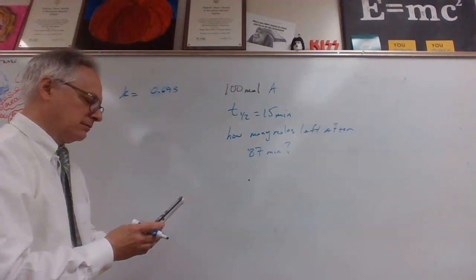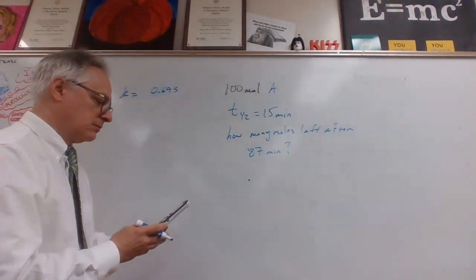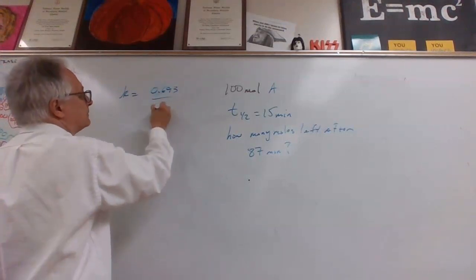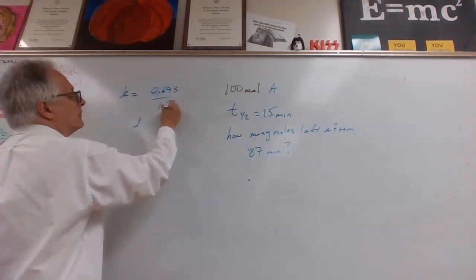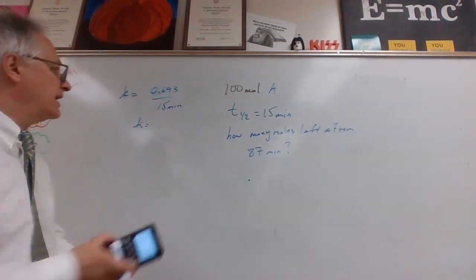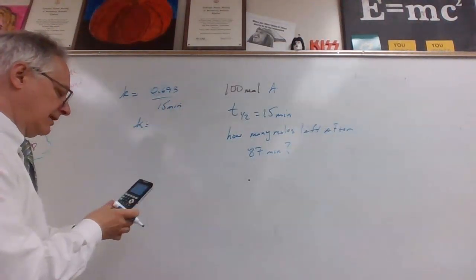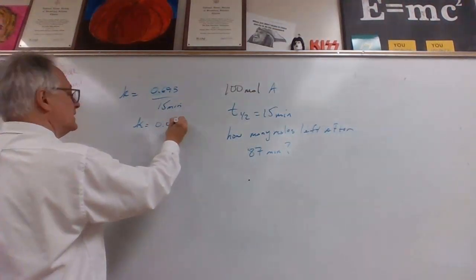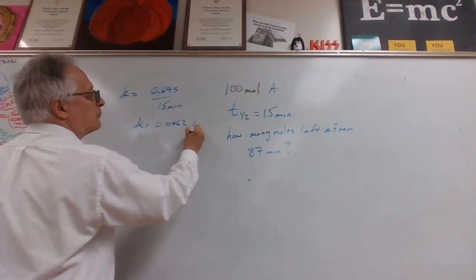Calculator validating. Yeah, 0.693, over 15. So my k value is going to be 0.693 divided by 15, and that's going to be 0.0462 per minute.